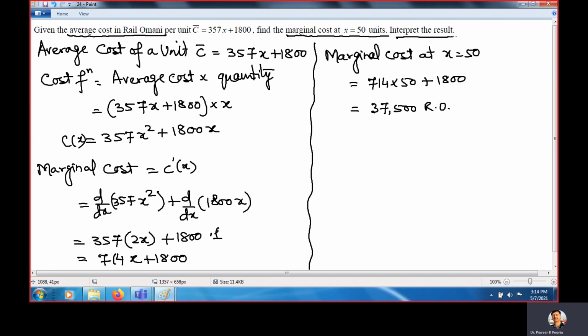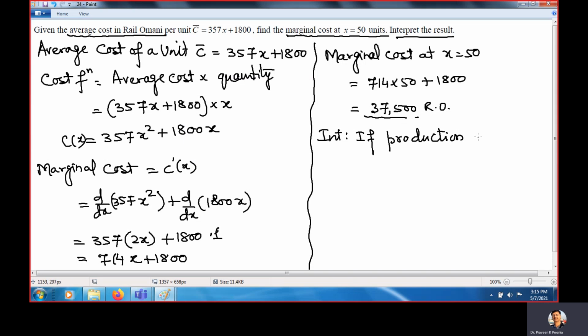Now, what is the interpretation? Interpretation is, if production, now it is positive. Positive means cost will increase. Here plus means increase.